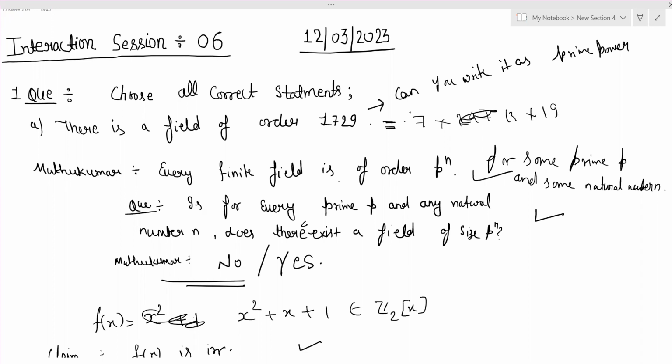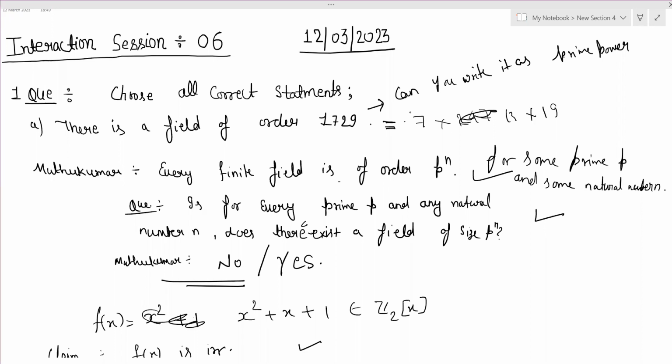Can you write it as some prime power? 7 power 1, 13 power 1, 19 power 1. No, it cannot be a single prime power. Is your factorization correct? 7, 13, 19 are all distinct prime numbers, and any number can be expressed in a unique way as a product of primes.